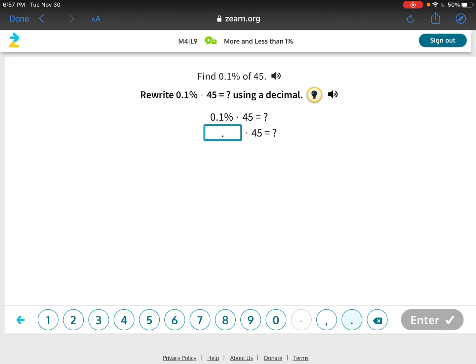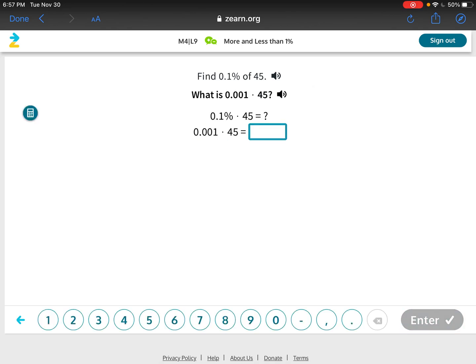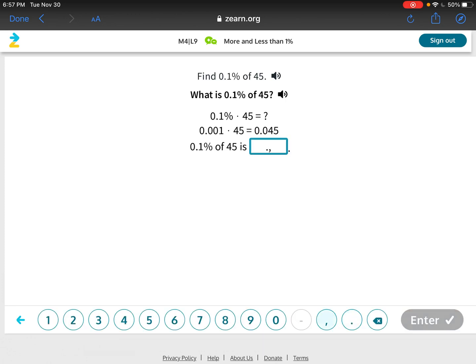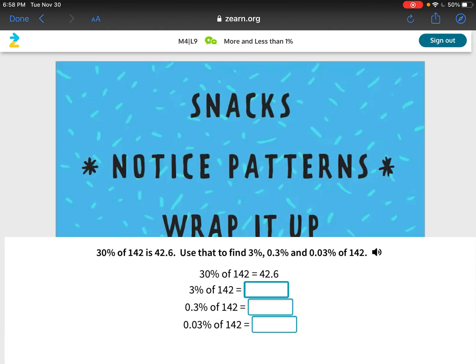I know that's going to be 0.001. So then I have 45.045. Like I said, you can do that part with Desmos. I'm just trying to save you a little time here.